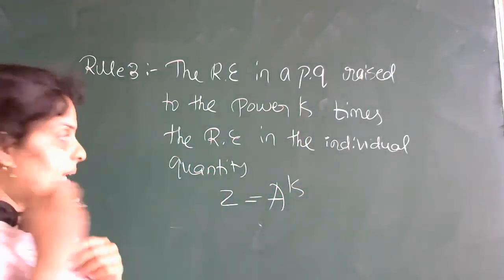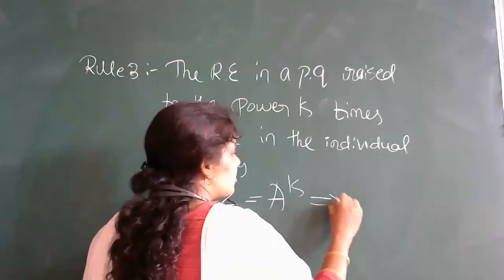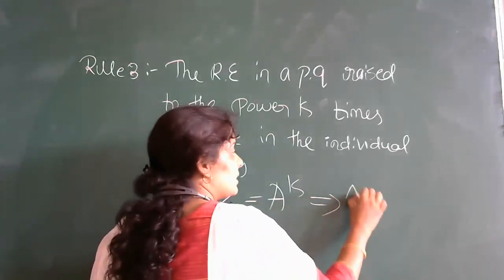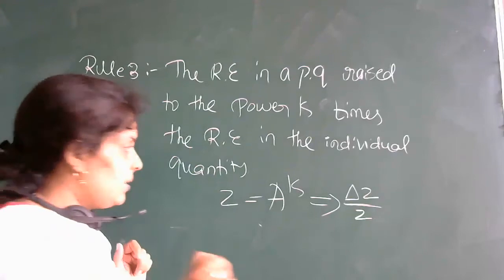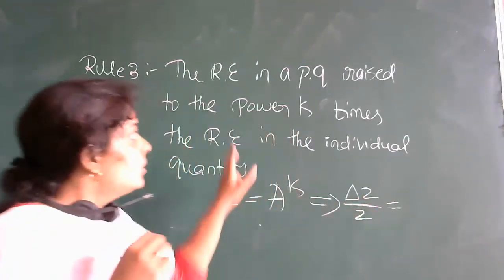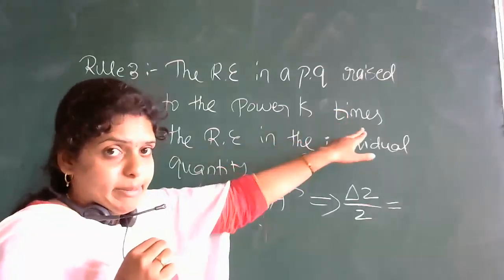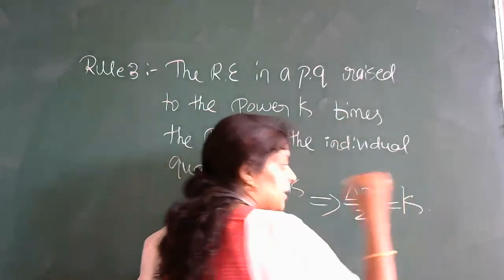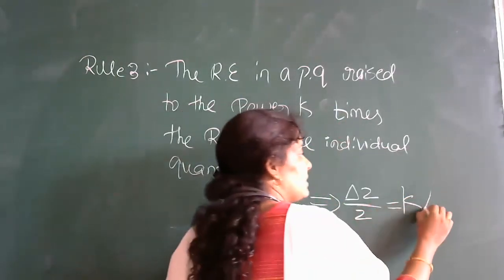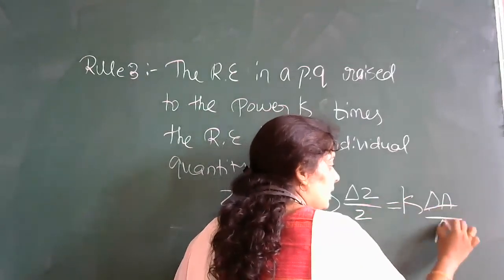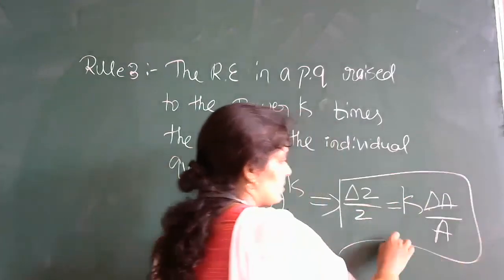What does this mean? I'll write and show you. See, so the relative error of Z is written as what? That is delta Z divided by Z. Correct? This is your relative error, which is equal to k times the relative error in the individual quantity, that is delta A divided by A. That is all the meaning of it.